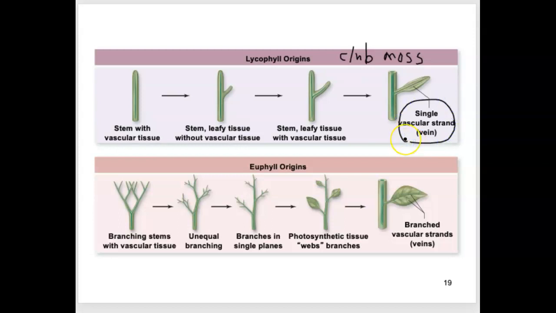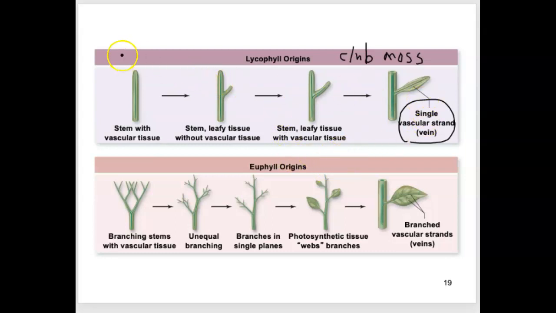But then as, again, competition and, well, you got a leaf, now I need to photosynthesize better than you. What can I do to outcompete you? Well, I start to make my leaf bigger, and I start to branch and have vascular strands within my leaf. This leads to a type of leaf we call a megaphyll.